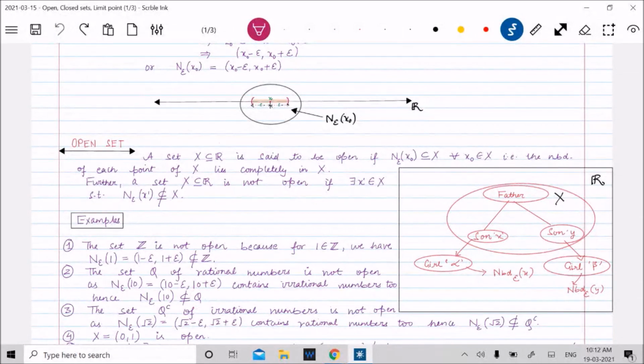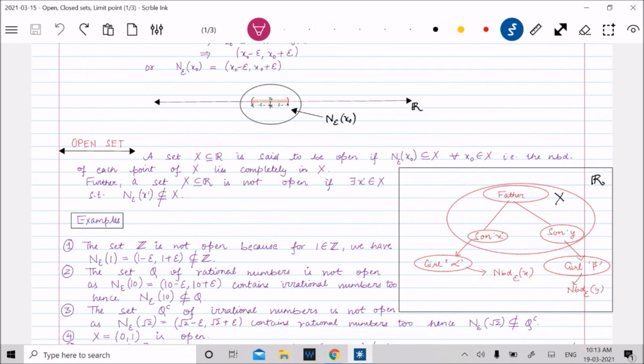The problem is that any real interval you choose, no matter how small it is, always contains irrational numbers as well as rational numbers. You cannot just separate rationals and irrationals. They are mixed thoroughly.